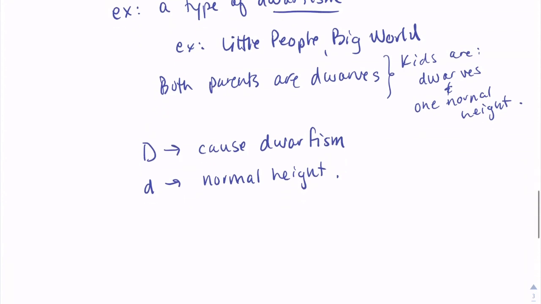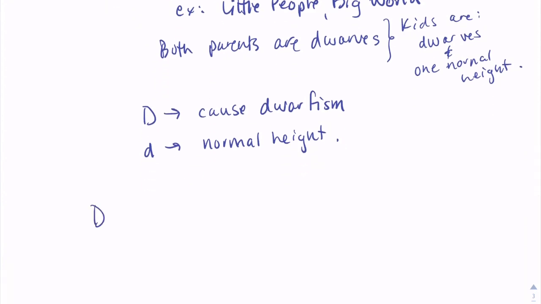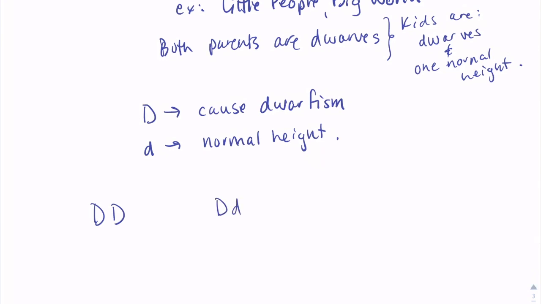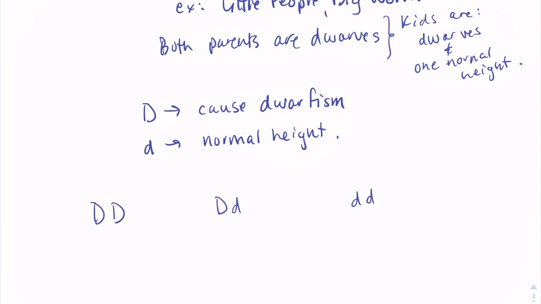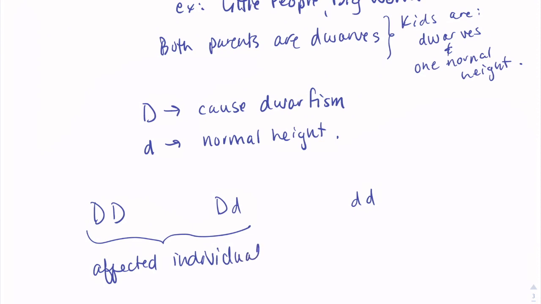So, let's look at the 3 genotypes. Homozygous dominant, heterozygous, and homozygous recessive. Okay, what is the genotype of affected individuals? These are both affected individuals. If you've got the dominant allele, you have the disorder. So these are affected individuals.